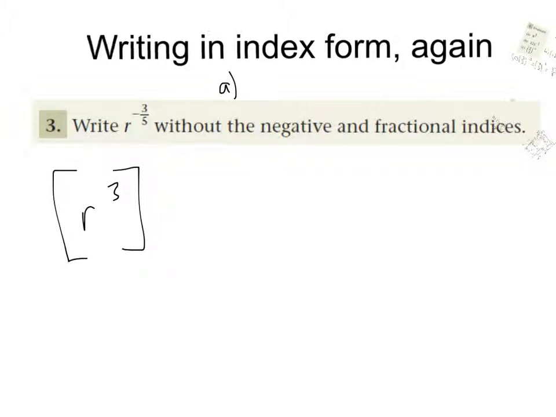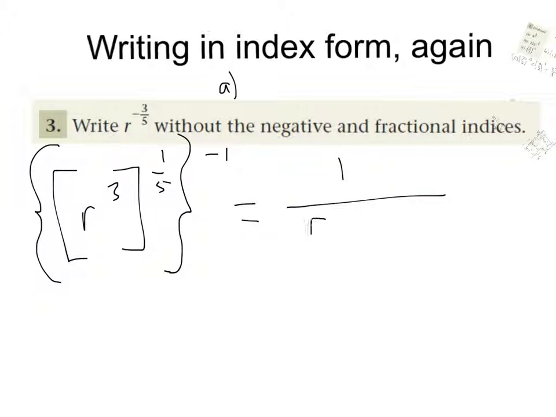How do you get -3/5? You go 3 times it by a fifth, and then you times that by a -1. Okay, so how do we get rid of a negative indice? Well, we write the whole thing over 1. r cubed, power of 1/5.